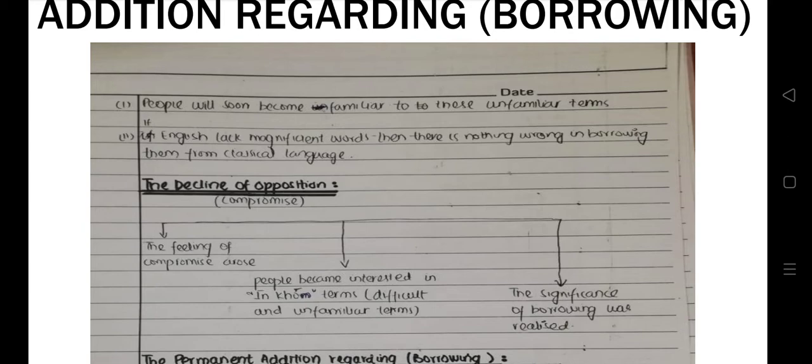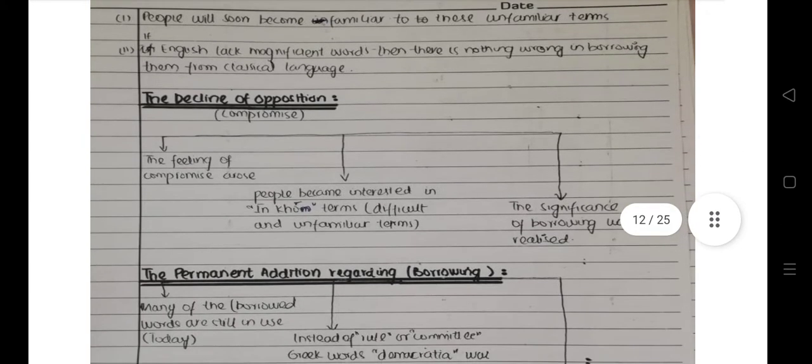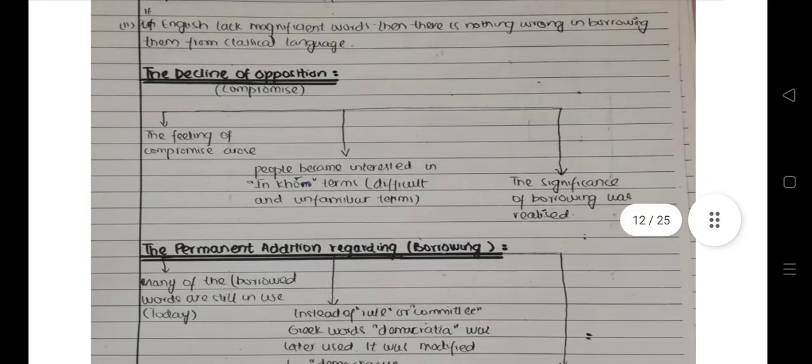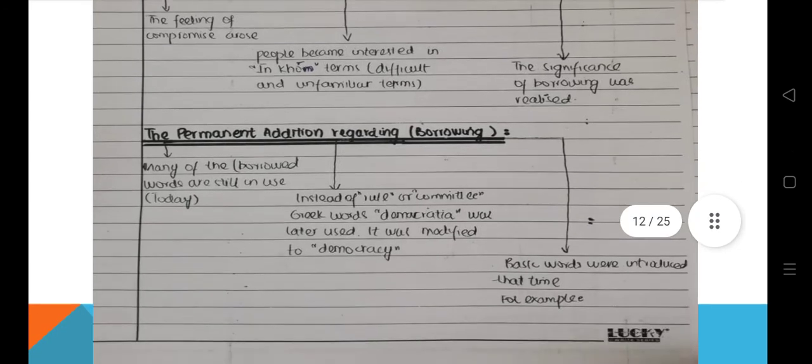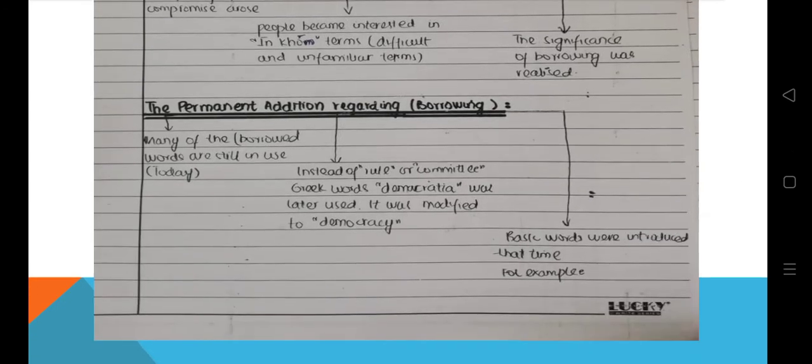There was some decline of opposition, so feelings of compromise arose, people became interested in borrowed terms, and the significance of borrowing was realized. So language became rich in vocabulary, in words. Many of the borrowed words are still in use today, and basic words were introduced at that time.